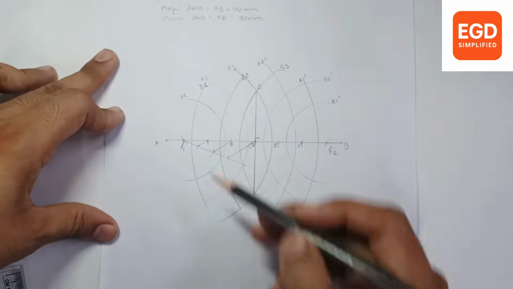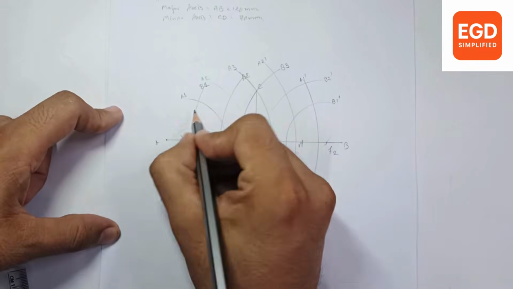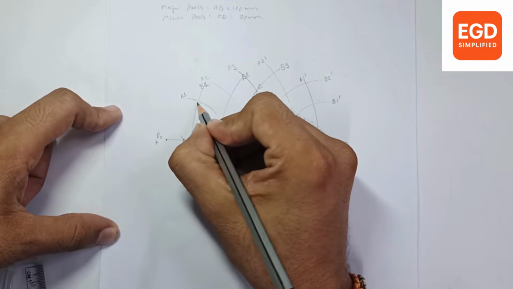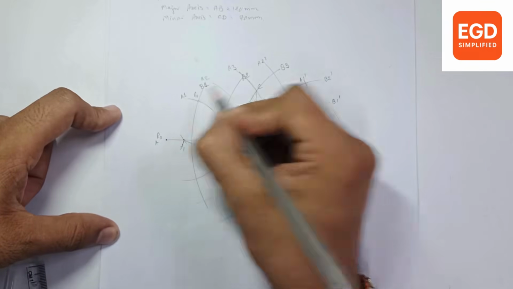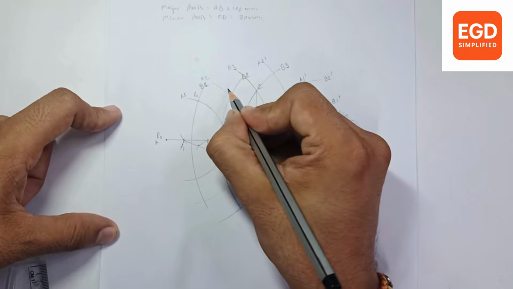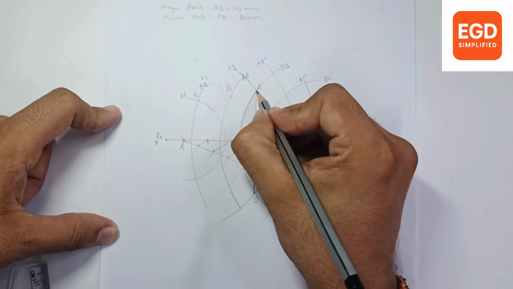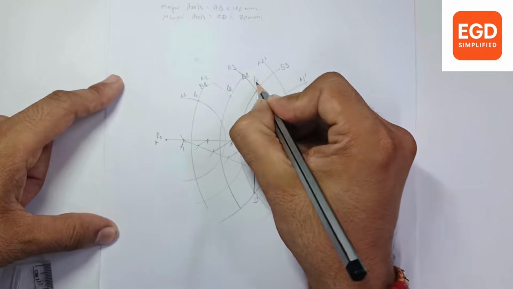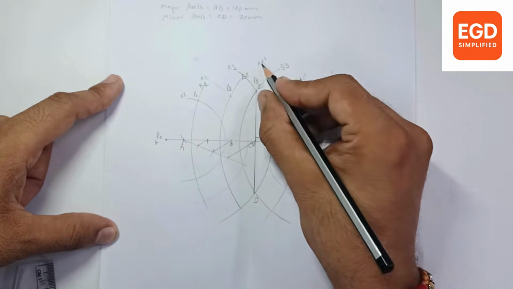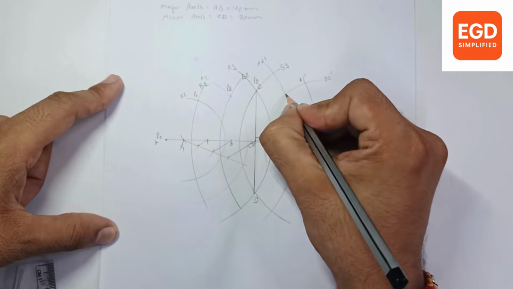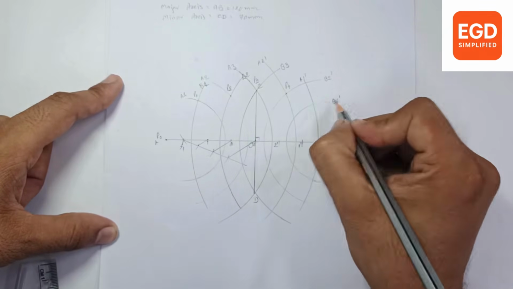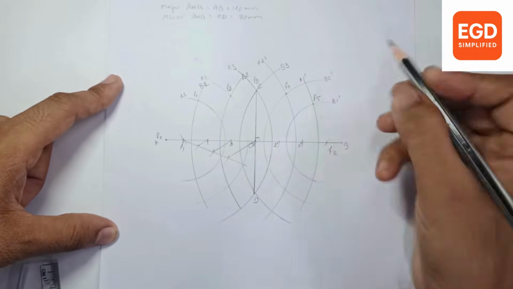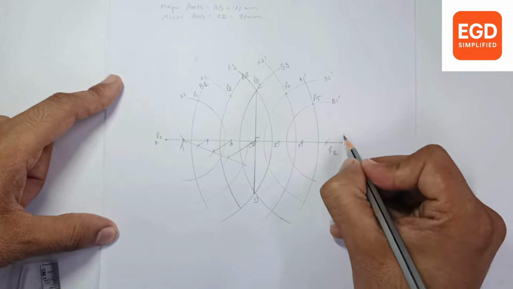Now the arcs intersect on the upper side as well as the lower side. So here your point is, let's say, P0, then A1 B1 is your P1, A2 B2 is P2, A3 B3 is P3, then A2 dash B2 dash is P4, then B1 dash A1 dash is P5, then your B point is P6.